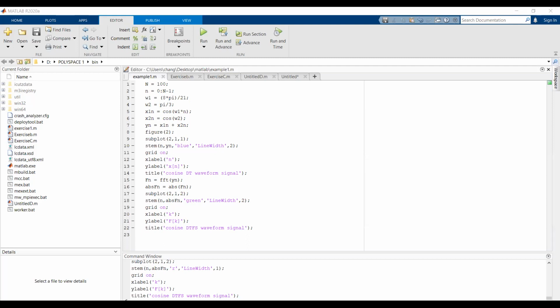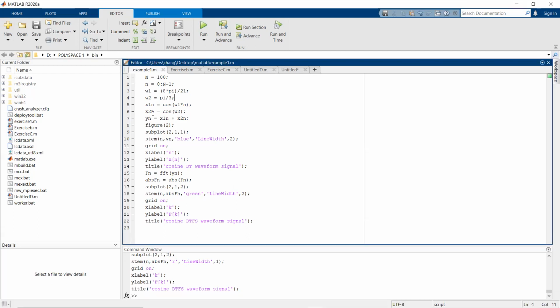This is the equation given in the question, inside the cosine. So yn is the combination of S1n and S2n.